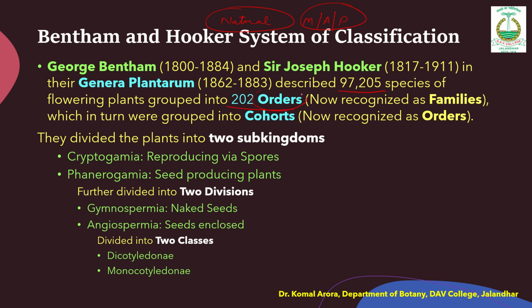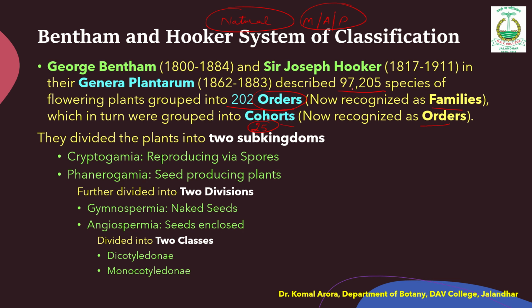The term order used by Bentham and Hooker at that time is nowadays recognized as families, and they distributed all these families under 25 cohorts, which are nowadays called orders. So, for families, they used the term orders, and for orders, they used the term cohorts.